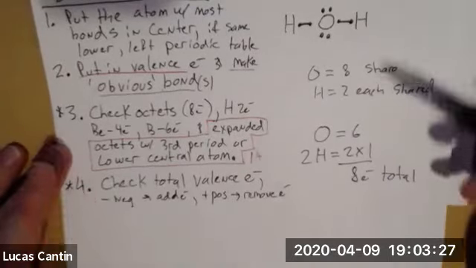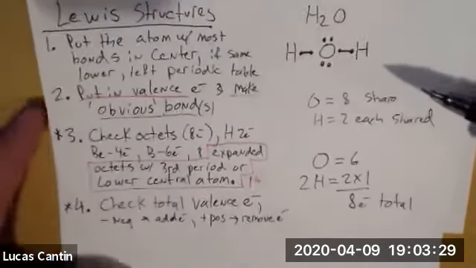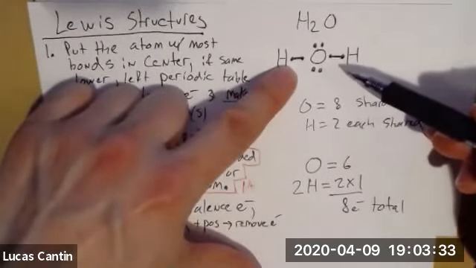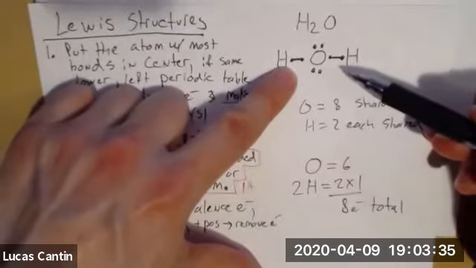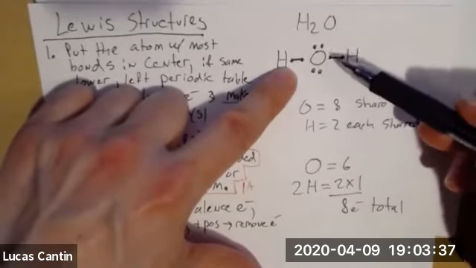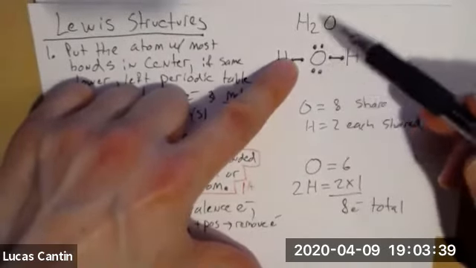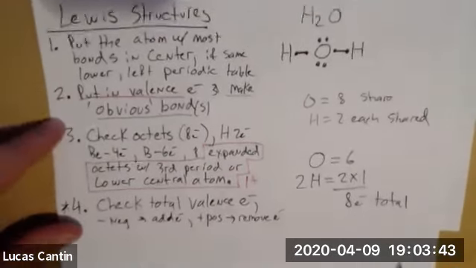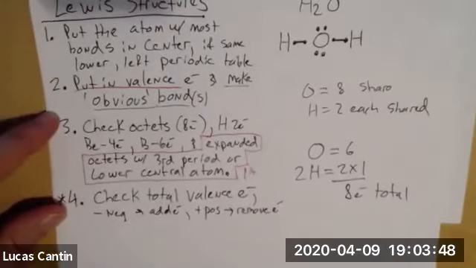It's just by accident with water that it happens to be the same as the octet number. But how many total valence electrons do I see in this structure? I see 2 in this bond and 2 in that bond and 4 alone. There's 8. So if both of these rules are simultaneously correct, this is probably the best structure I can get.